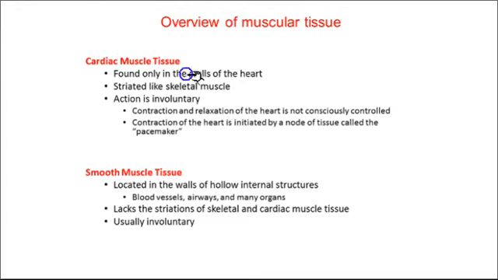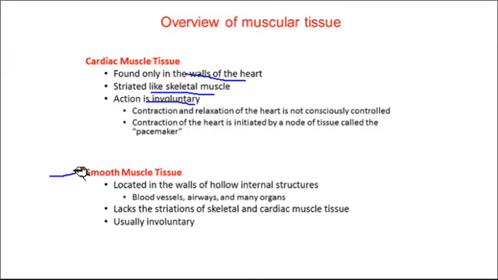Cardiac muscle is found in the wall of the heart. It is striated in shape like the skeletal muscle. Its action is involuntary, and as you remember, its contraction and relaxation is usually controlled by what? By the impulses coming from the pacemaker of the heart.